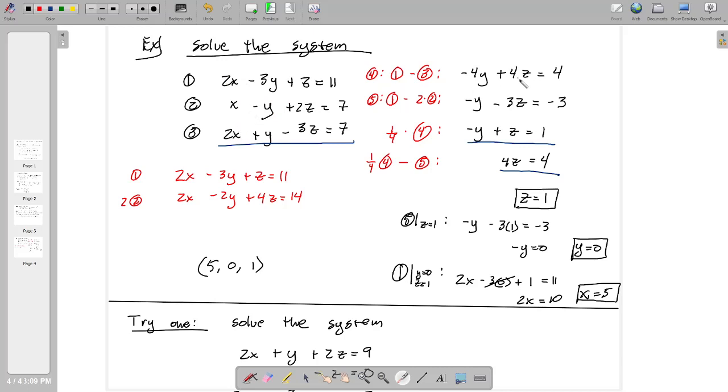I'll end up with a system like this, not these exact numbers, but like this, where I have 2 equations, 2 unknowns. The 2 unknowns would be z and y, and then I would have to do substitution again. So in this case, I would solve for y and plug it into this equation, and then I have a single equation with a single unknown. You solve for that single unknown and then back substitute like previously.